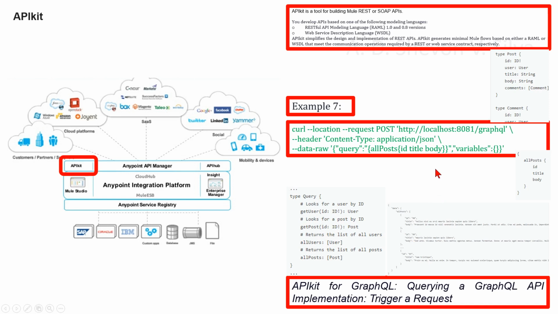This use case makes the simplest request for the data of each existing post. Here you can see the query made: all posts with ID, title, body. Trigger a request here.